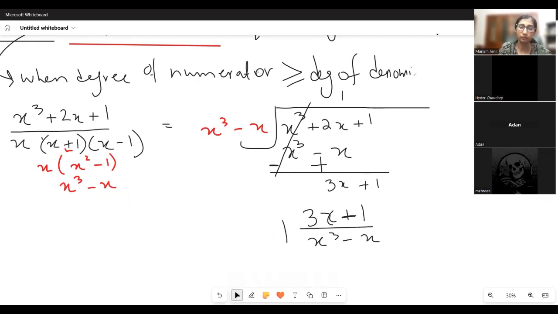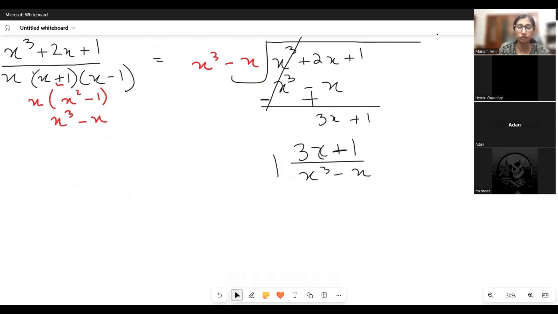So like I discussed before, this is actually 1 plus 3x plus 1 upon x cubed minus x. So now we have a proper fraction.